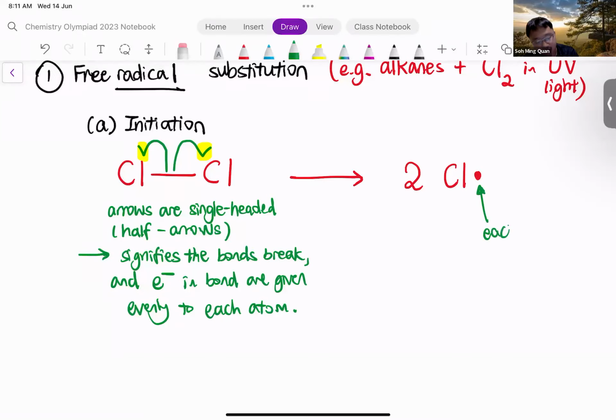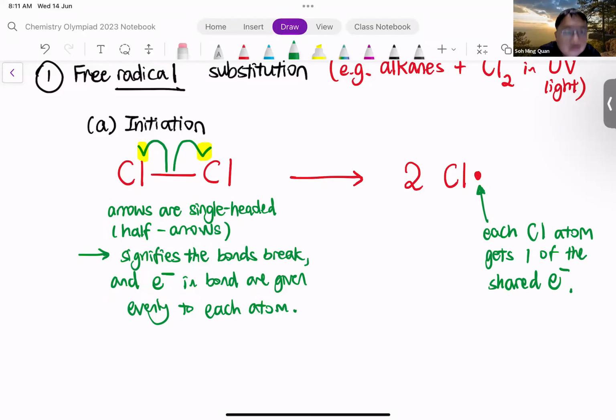So each Cl atom gets 1 of the shared electrons. So this is the idea. This is the initiation step.